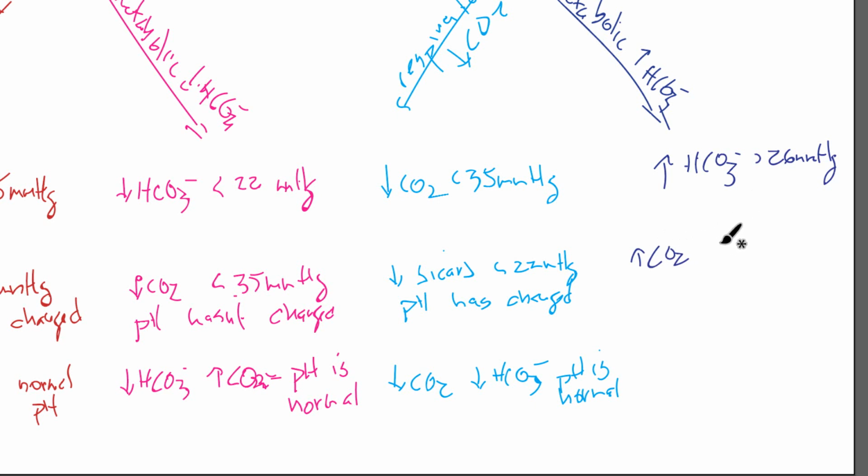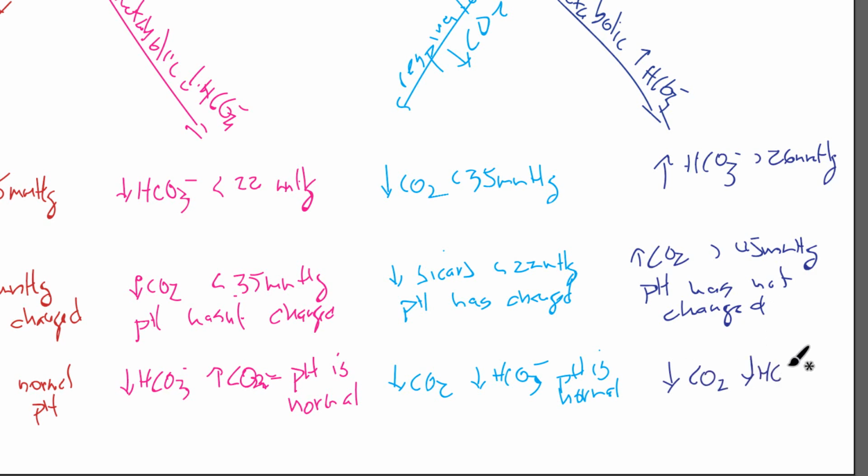It's going to increase CO2 to above 45 millimeters of mercury. But pH hasn't changed yet. So if you have high CO2, high bicarb, ran out of room, and pH is normal, now it's compensated.